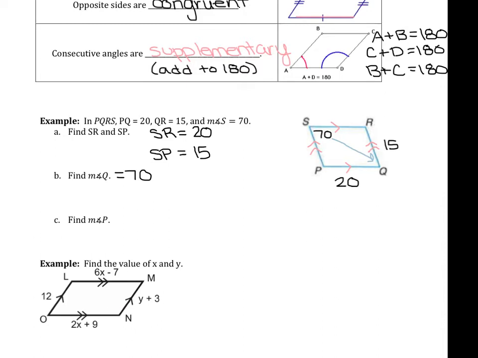So because they are consecutive angles, we know that they are supplementary. Angle S and angle P have to add up to 180. So angle P is going to be 180 minus 70. Angle P is 110 degrees.